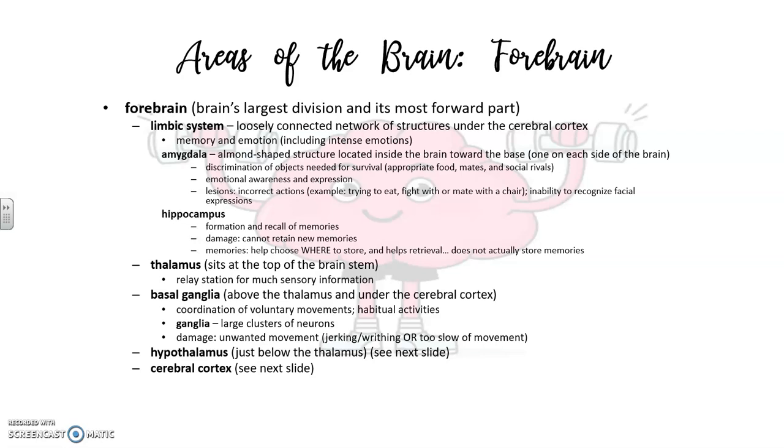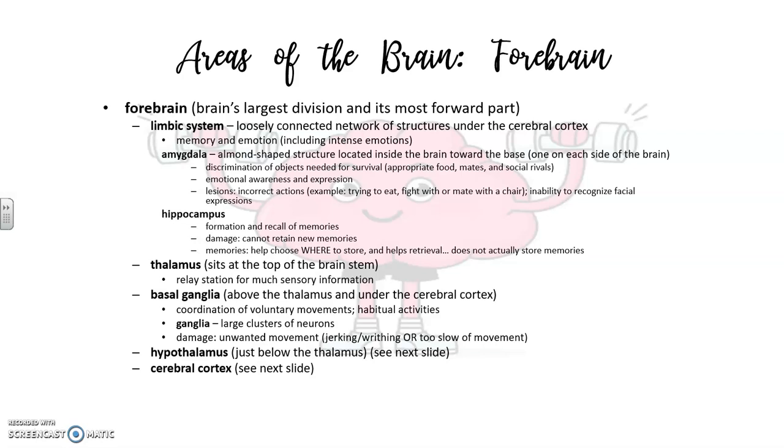Hippocampus, this is to help, or used to help you form memories as well as recall memories. If the hippocampus is damaged at all, it's almost impossible to retain any new memories. Another important thing is that the hippocampus helps choose where to store the memories and helps with retrieval, but doesn't actually do any of the storing of the specific memories.